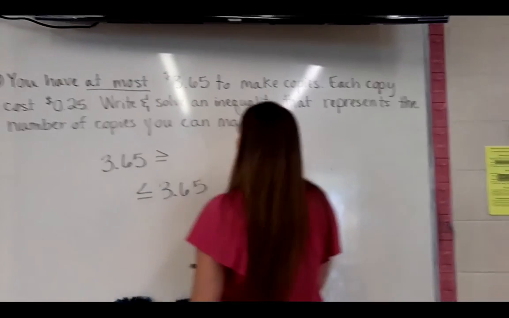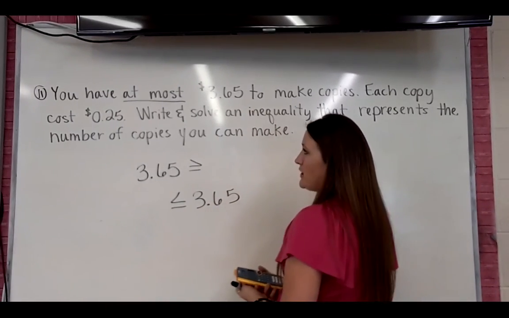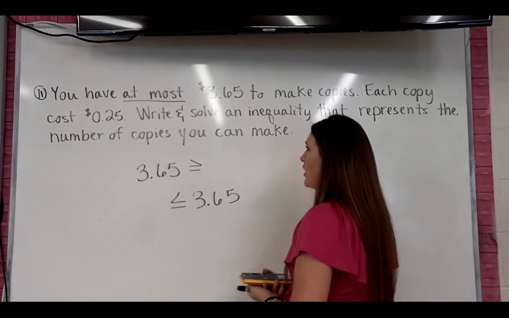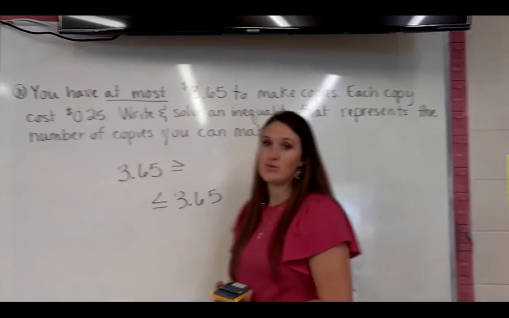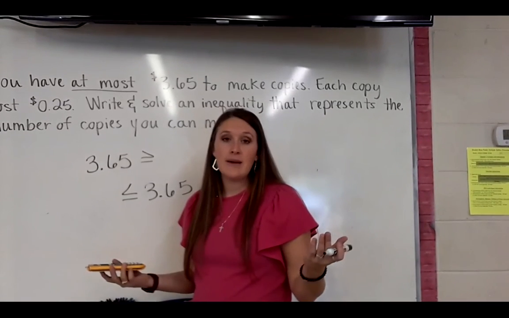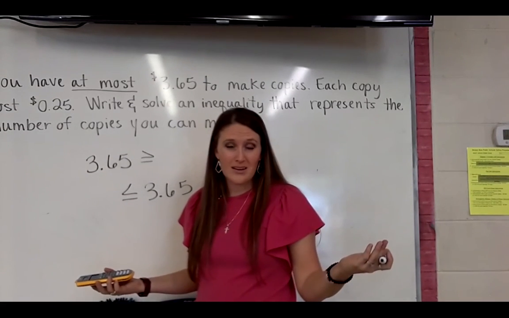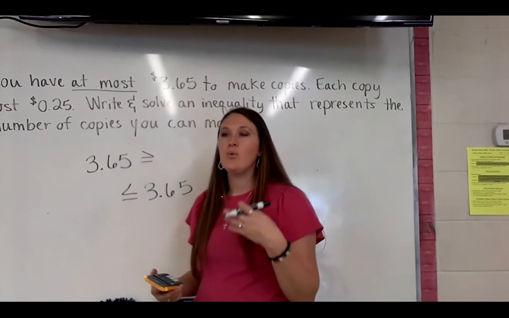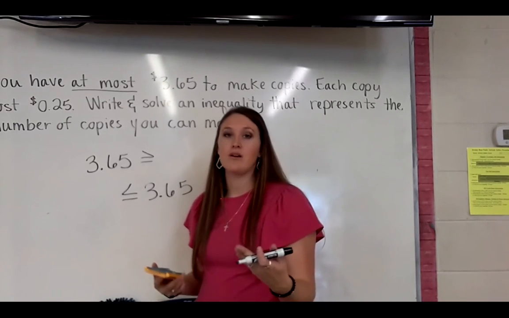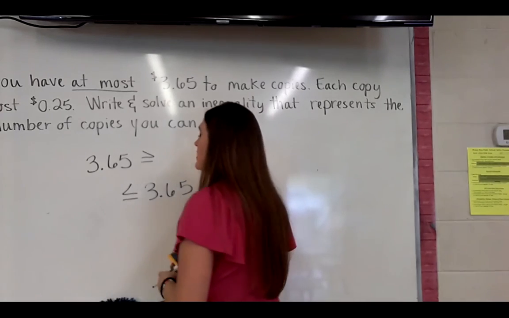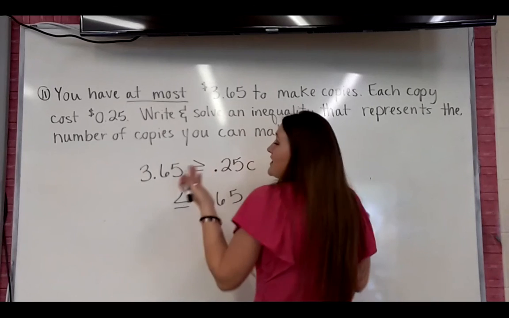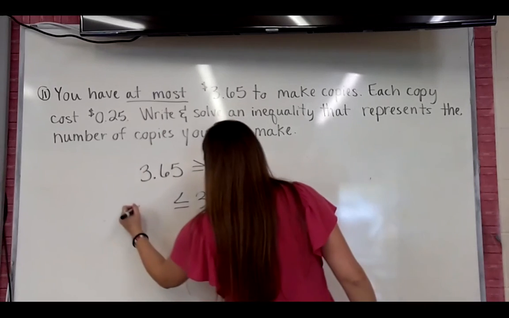Okay? So then it says each copy costs 25 cents. Write an inequality to represent the number of copies that you can make. Well, if each copy is 25 cents, say you wanted to make 6 copies, how would you solve that? Okay, you would have to do 6 times 25 cents. So whatever number of copies you're making, we're going to be multiplying by 25 cents. So we have 0.25, I'll say C for copies.